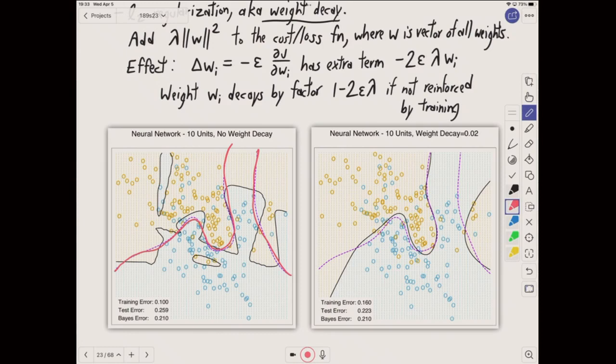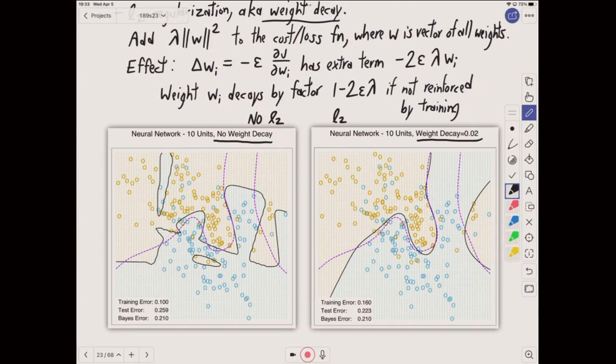The actual decision boundaries found by the neural network are here in black. The main difference between these two plots is that the one on the left has no weight decay. The one on the right has weight decay, or L2 regularization. And I would judge that in this case, the one on the right definitely is closer to the Bayes optimal decision boundary than the one on the left.